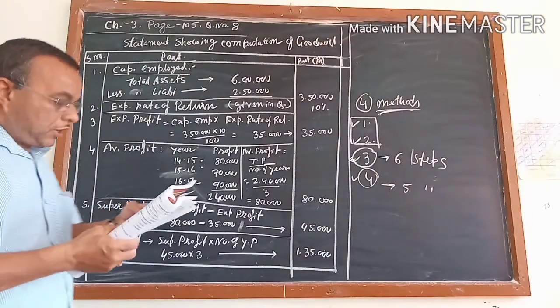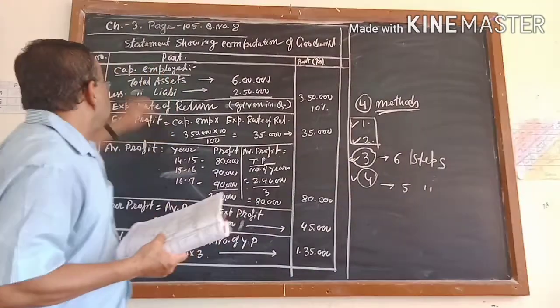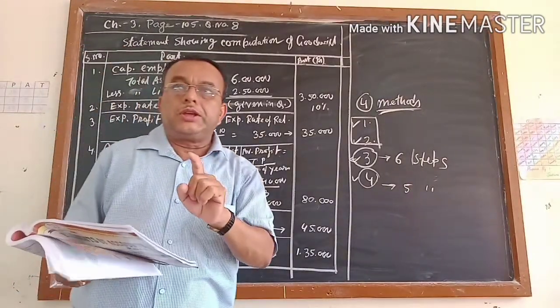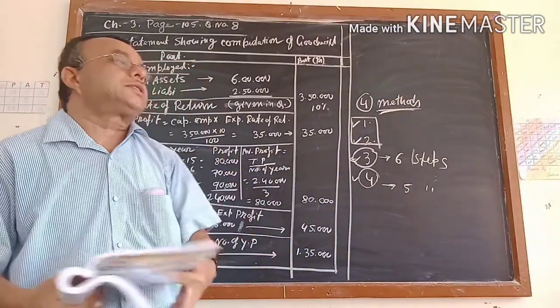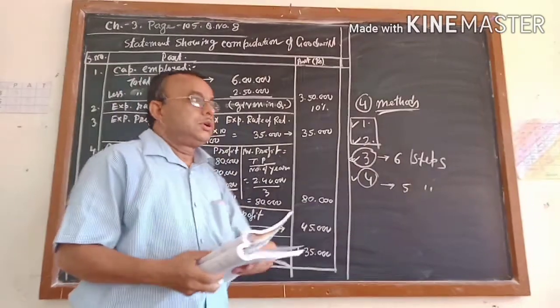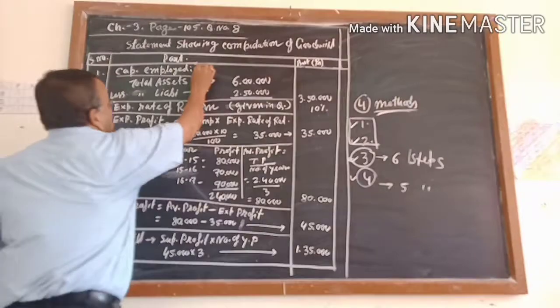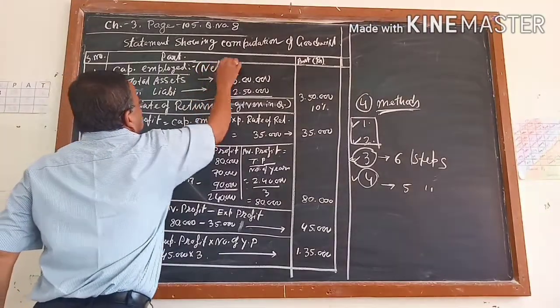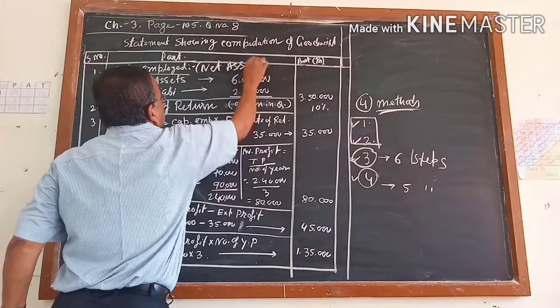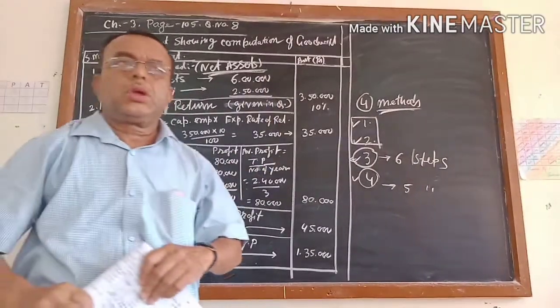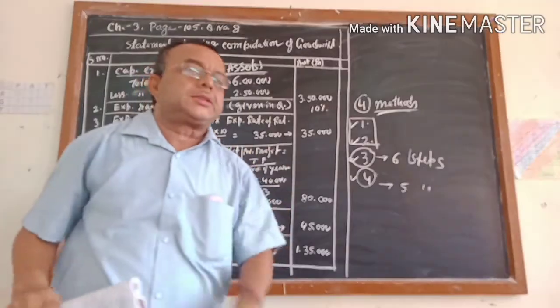First, you have to find out the capital employed. The capital employed formula is net assets minus net liability. Capital employed has another name, which is net assets. Either capital employed or net assets.